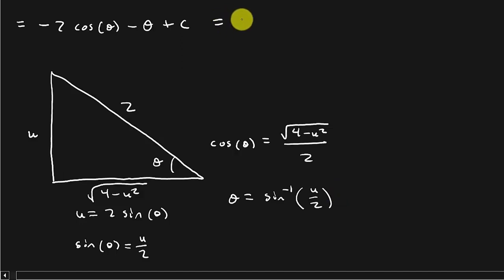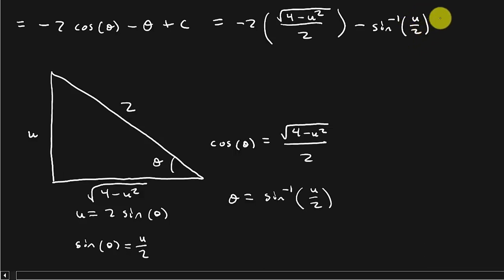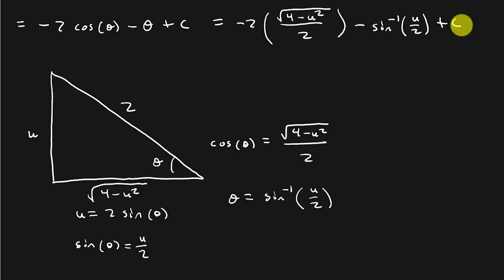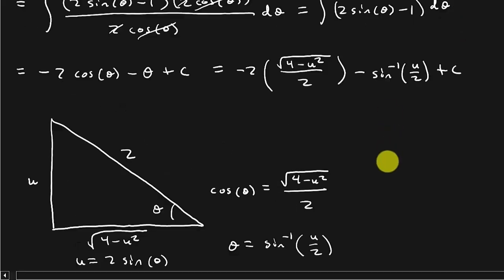All right. So I get this to be negative 2 times the square root of 4 minus u squared over 2, minus theta, which is inverse sine of u over 2, plus c. But remember, we've got to get everything in terms of x.